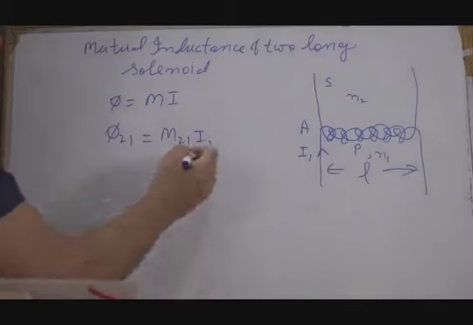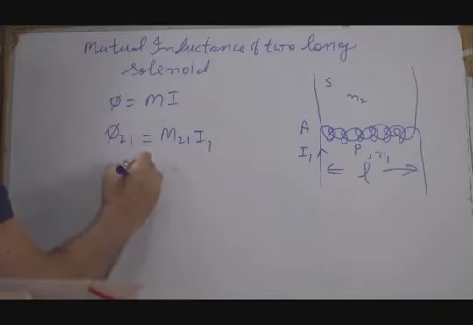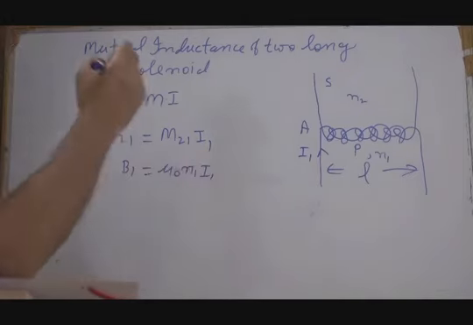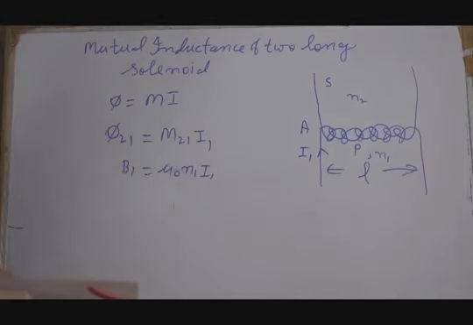Now the magnetic field in the first solenoid will be mu 0 N1 I1. We know that the magnetic field in a solenoid is given by mu 0 n I, so it will be mu 0 N1 I1. That will be B1.